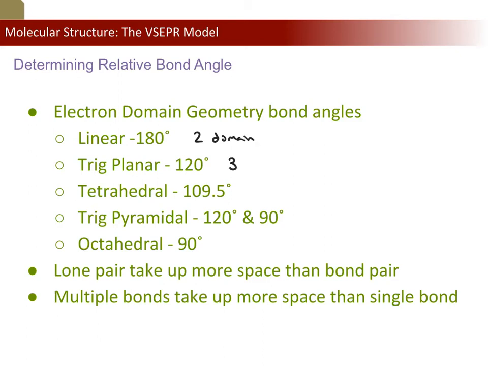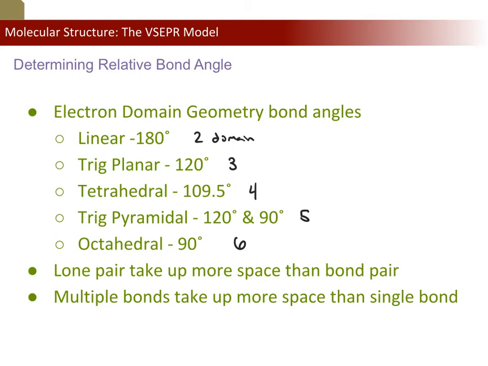For the trigonal planar, you've got 3 domains, and those 3 domains separate themselves at 120 degrees apart from one another. The tetrahedral is 4 domains, and those all occupy a space in 3 dimensions at 109.5 degrees from one another. Now, when we expand the octet to 5 and 6 domains, we start to get some bond angles that are a little bit strange.